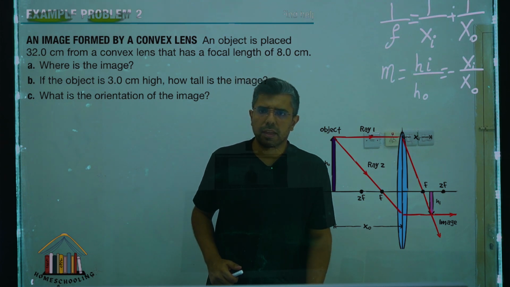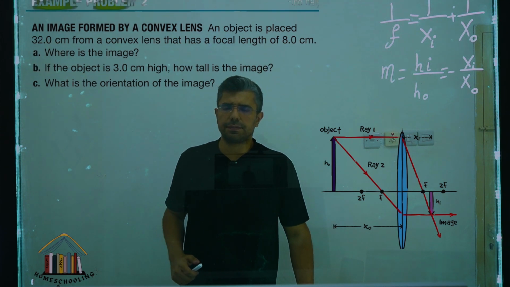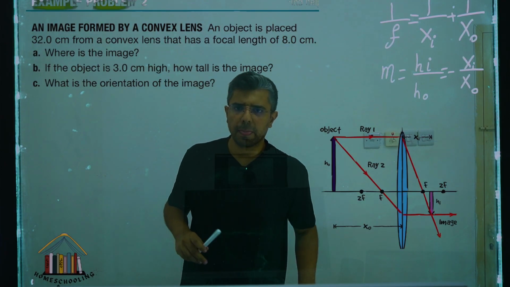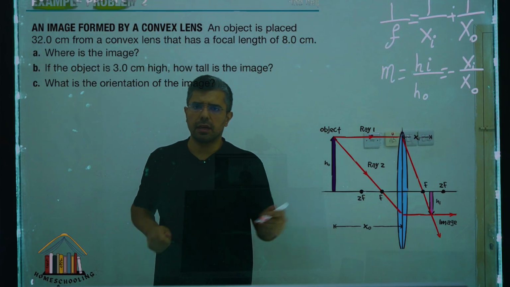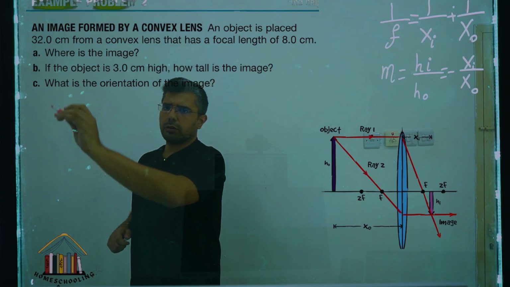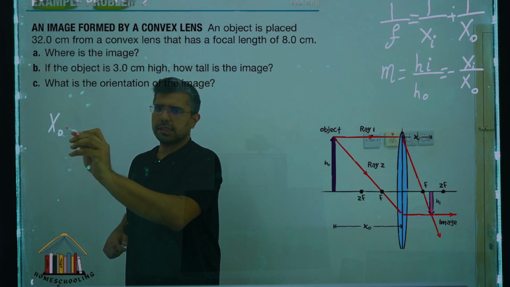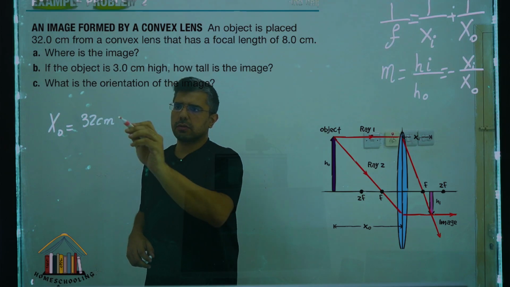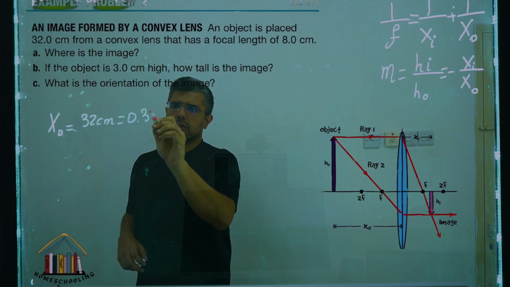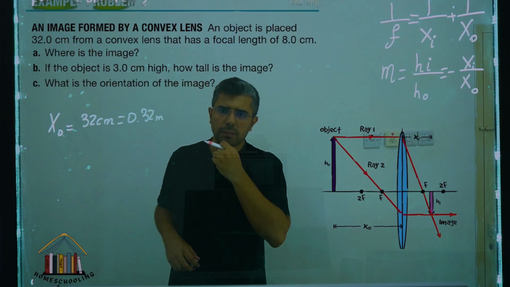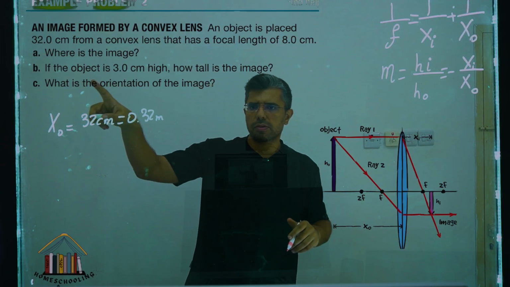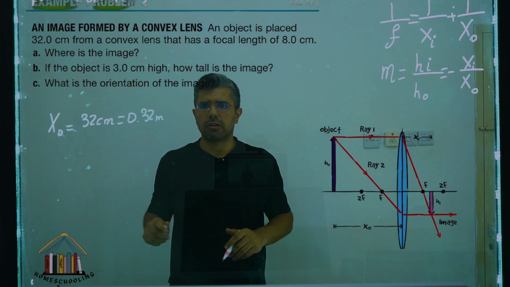Let's first write the known and the unknown of this question. We have the position of the object, which is XO. In this case, it's equal to 32 centimeters, which is also 0.32 meter. But no problem, you can keep everything in centimeters here, because we'll measure the XI also in centimeters.